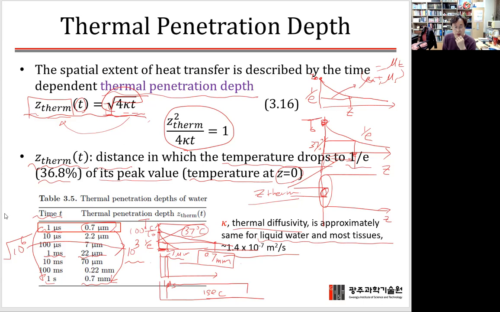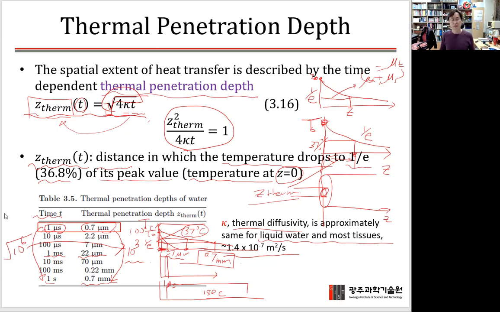But when you look at 60 degrees Celsius, that will correspond to around here. And at that 60 degrees Celsius, coagulation will occur. And then if you look at that, you can see how deep the tissue will be coagulated when you increase the pulse duration time. So this represents that 1 microsecond is 0.7 micrometer, which is very shallow.